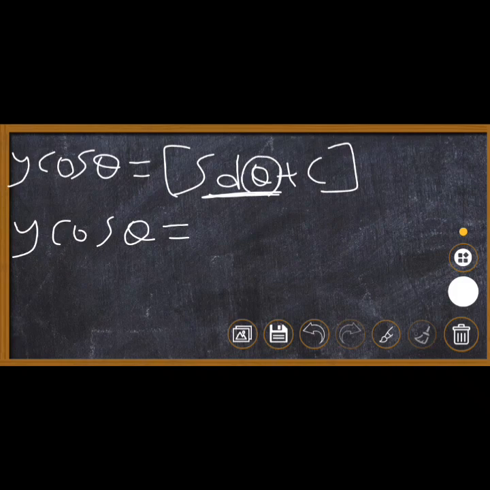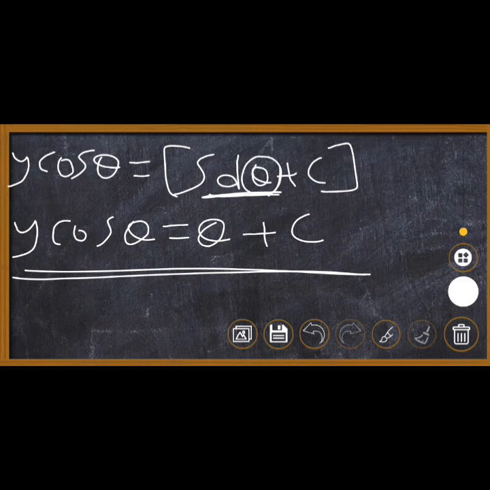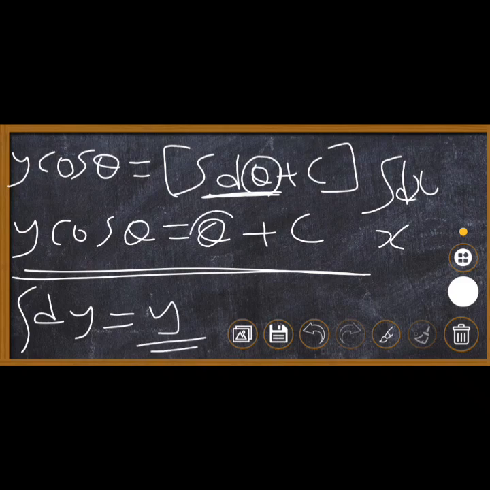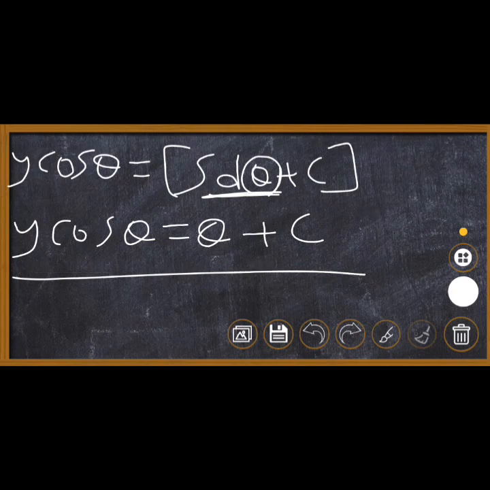So our value here will just be theta plus constant c. So this is the general equation of the given expression. If you are integrating dx, what would be the value? It's just x. When you're integrating dy, what is the value? It's just y. So that's how we had this. Make sure that you take note of that rule, because it's going to help you in some other ways.